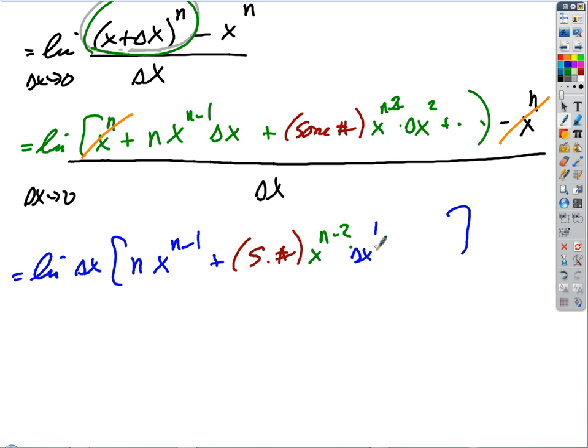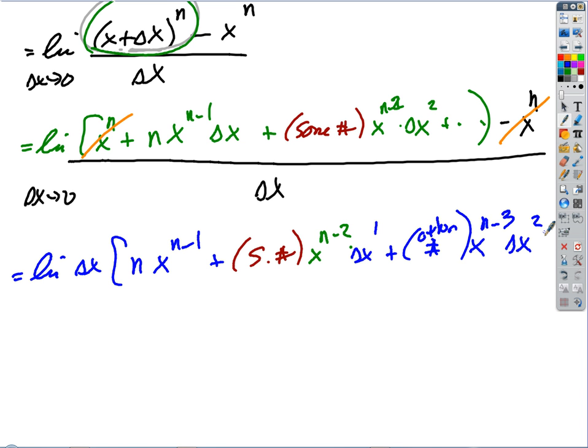If I were to keep going, I'm just going to end up getting something like this, plus some other number, I don't even care what it is, times x to the n minus 3 delta x squared, and on and on.